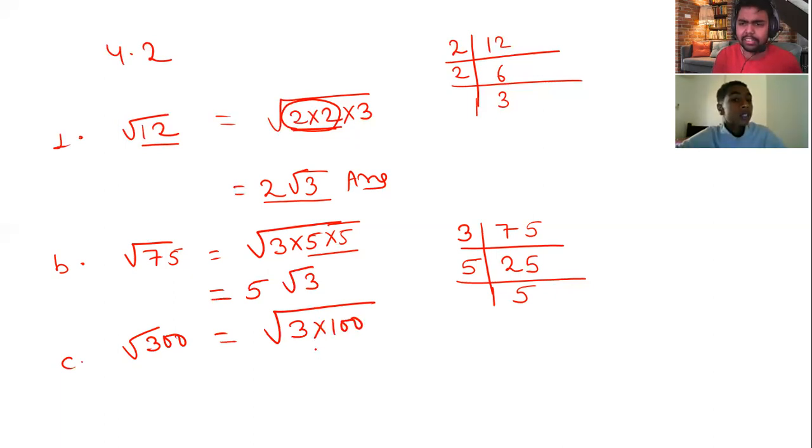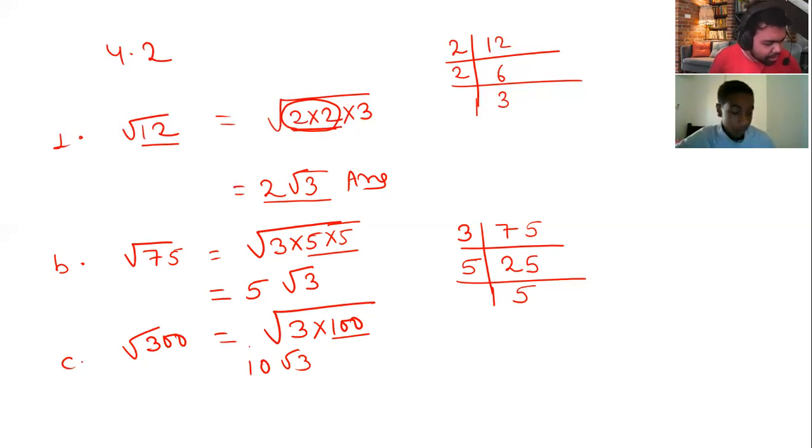And I know that 100 is the square of 10, nothing but 10 into 10. So 10 will come outside. So it would be 10 root 3. Like that, in my mind, I can solve once you understand these. Any problem in this one?